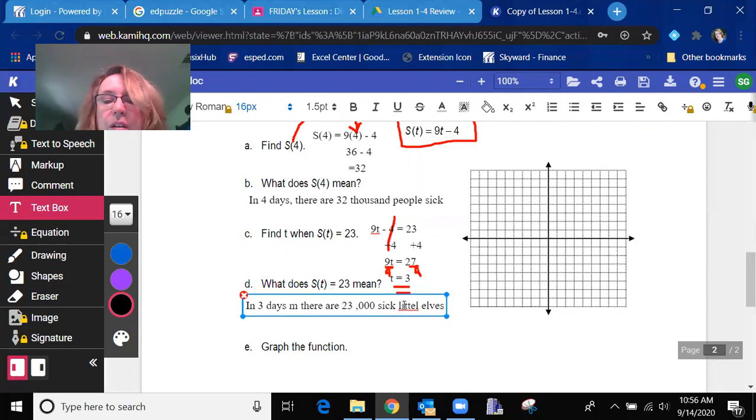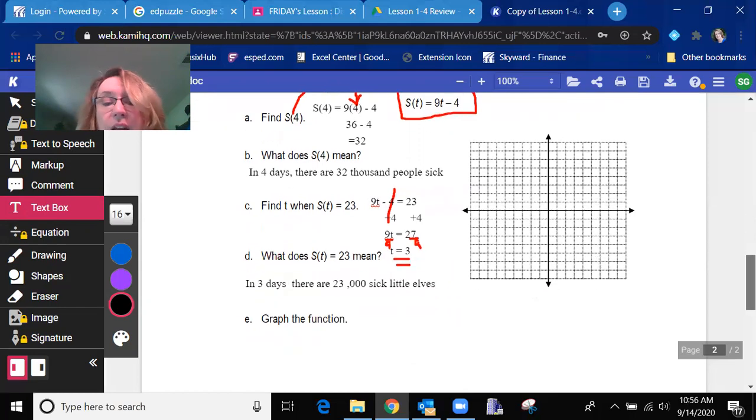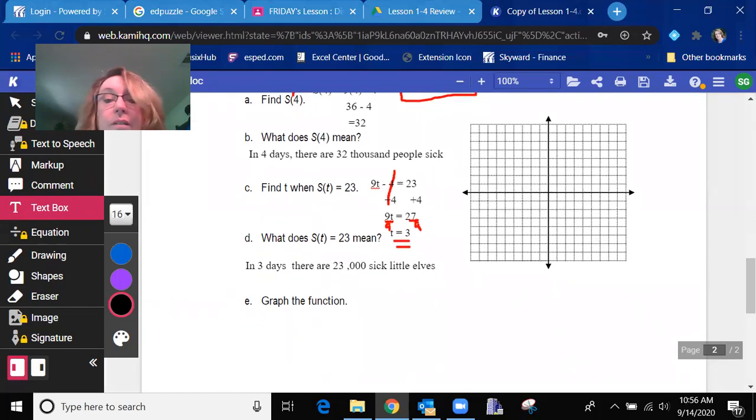Poor elves. Right, and so that's that much.